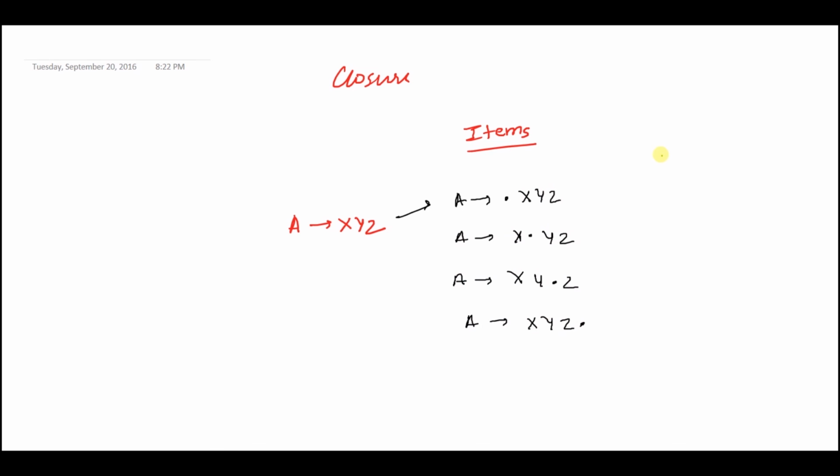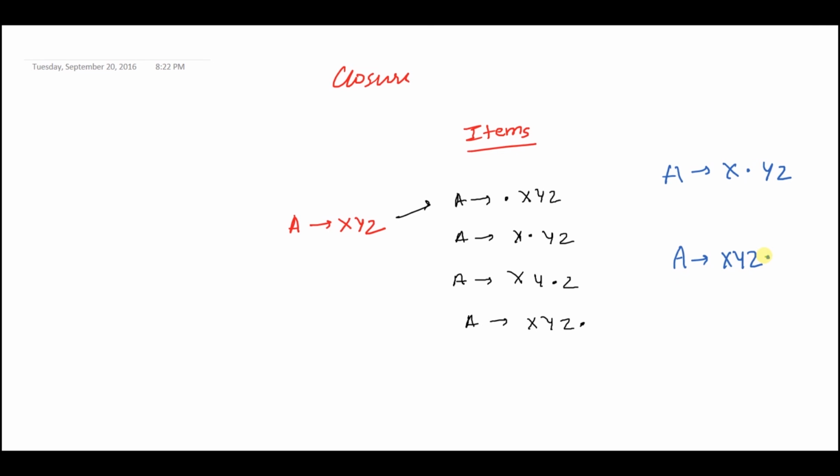Now let us consider A gives X dot Y. A gives X dot Y indicates that we have just found a string derivable from X in the input, but we still need to consider Y and Z. Now consider A gives XYZ dot.